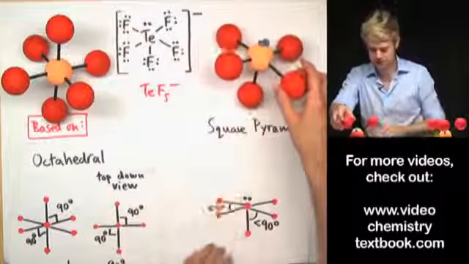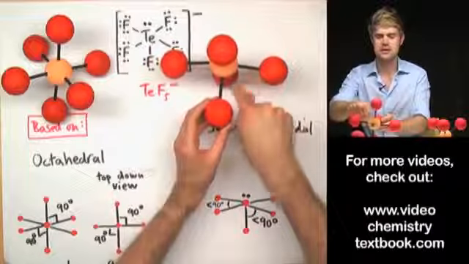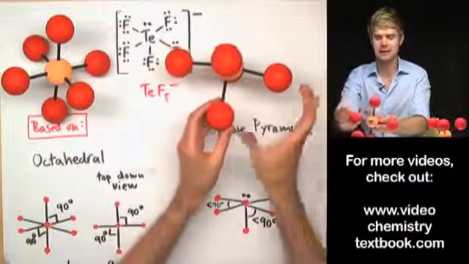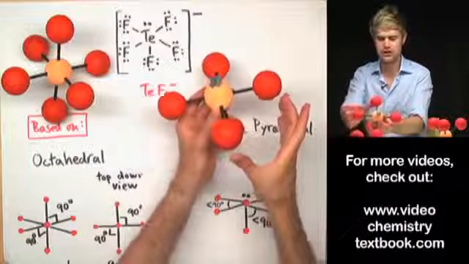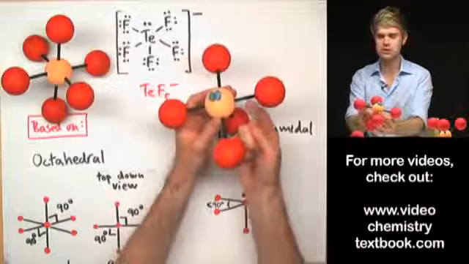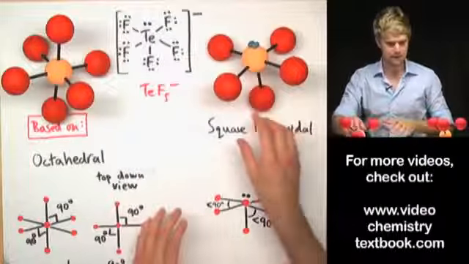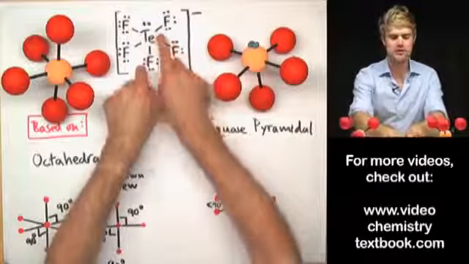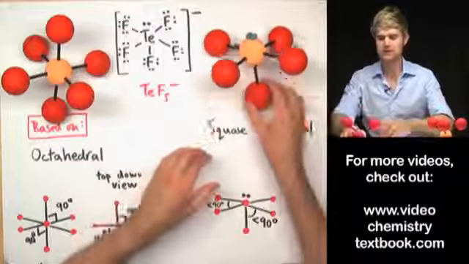So that means that the bond between this and this is going to be less than 90 degrees because these are getting pushed down. And since these 2 are getting pushed down, they end up a little closer together, which means that the bond between these 2 is a little less than 90 degrees as well. So take one of the 6 atoms away from an octahedral molecule and you end up with something that has a square pyramidal shape.